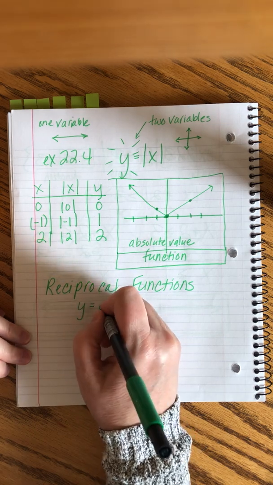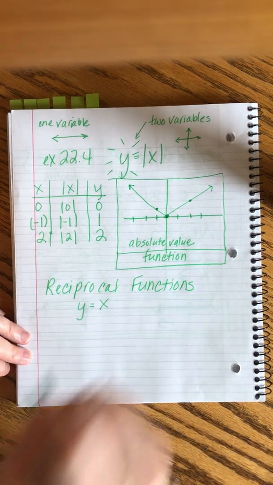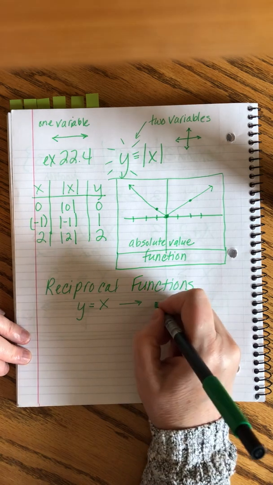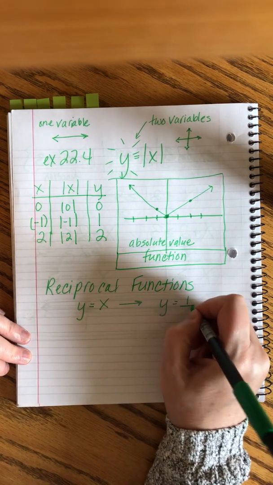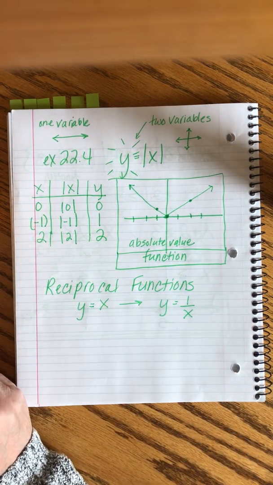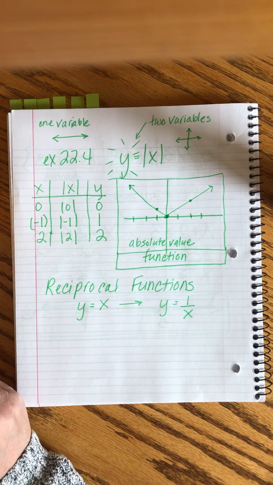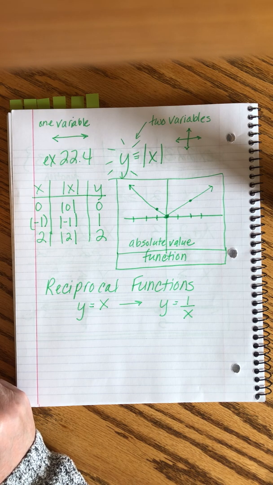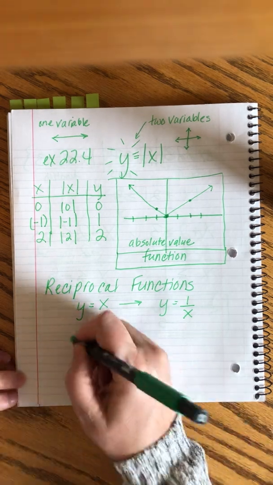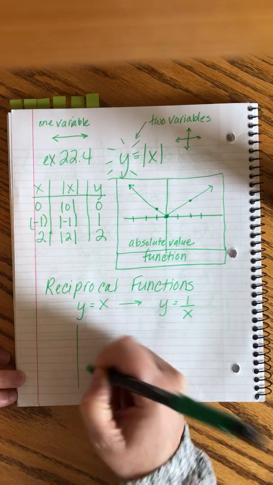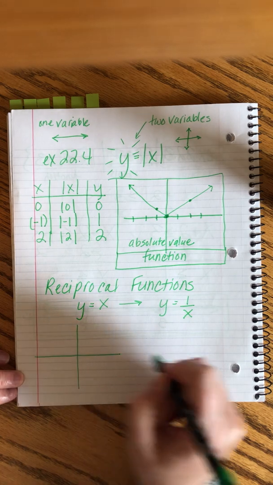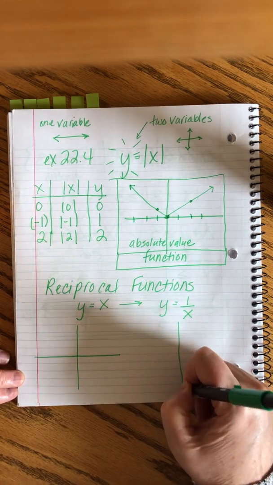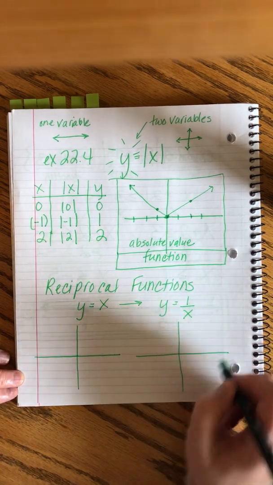If our function is y equals x, then the reciprocal function is y equals 1 over x. All right? And I don't want to give you a bunch of theory for this, because I want you to focus on the practical matters of how to do these problems. So I'm going to skip a lot of the background that John gives us to try to explain it all. I think you trust John and me to just know it's true.